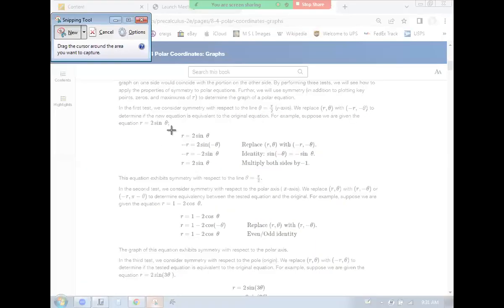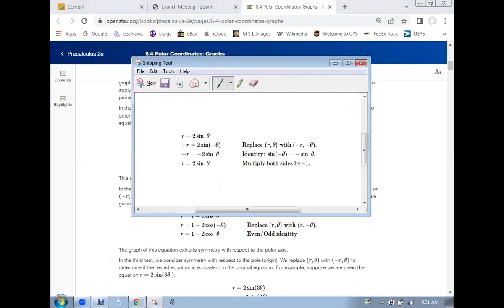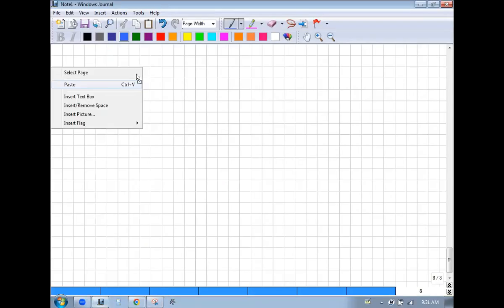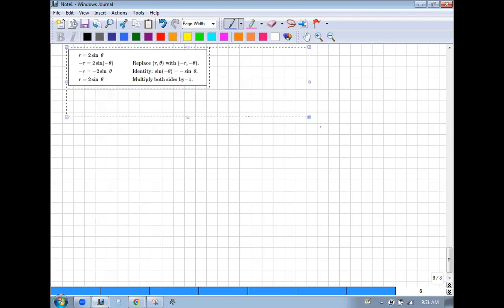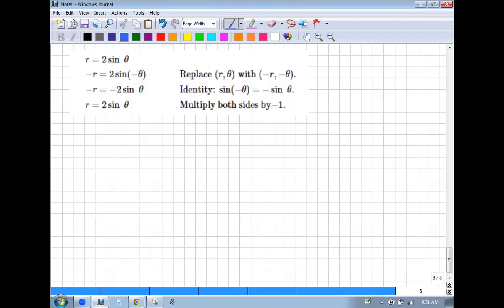The reason why we want to do this is because we want to know what the graphs of these things look like. And so symmetry allows you to know, if it has y-axis symmetry, what it looks like on the right and what it looks like on the left. So here we have r equals 2 sine theta.